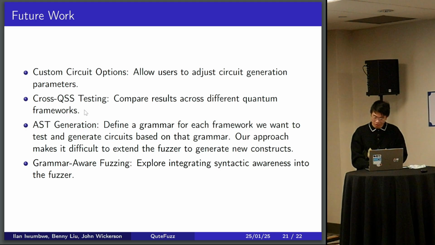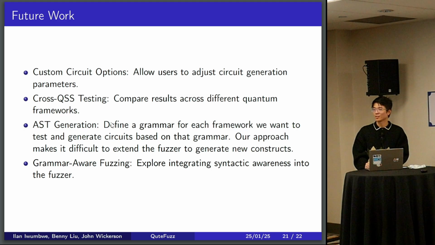We would also like to do cross-QSS testing, whereby we could generate a circuit in Qiskit, put that through their simulator, and maybe generate the same circuit in Cirq and put that through its simulator and do differential testing there, which would be quite interesting.